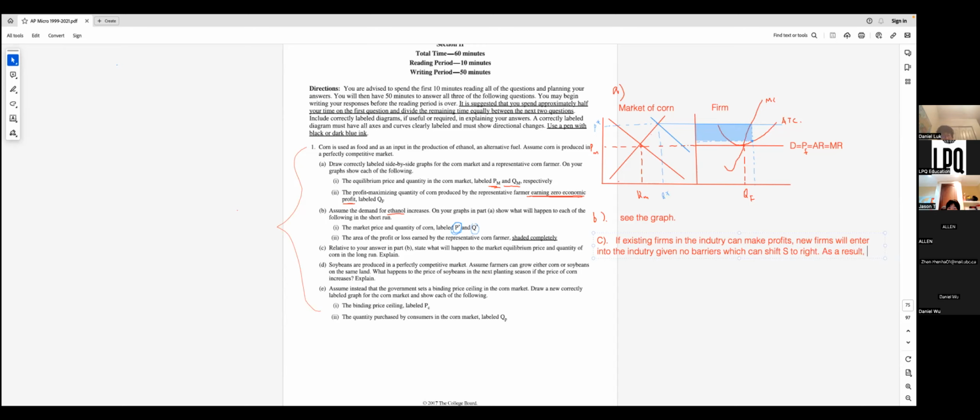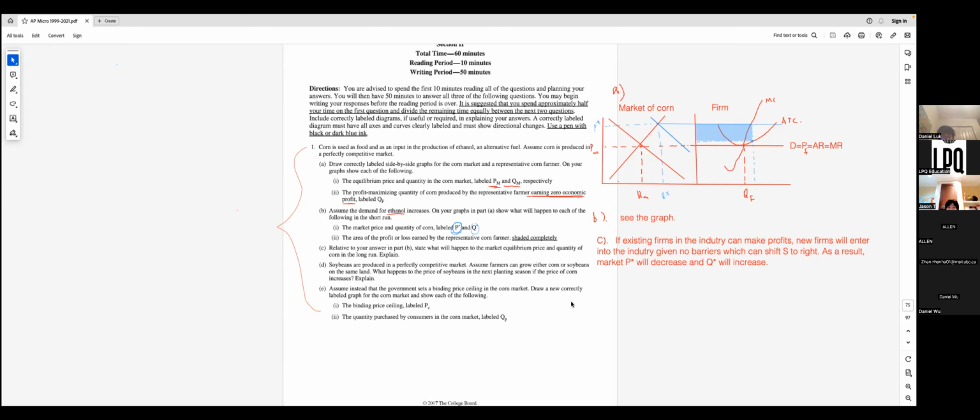What is the question again? Market price level and quantity. Market equilibrium price and Q star. So as a result, market price will decrease and Q star will increase. Yeah, that is for question C. Am I right?